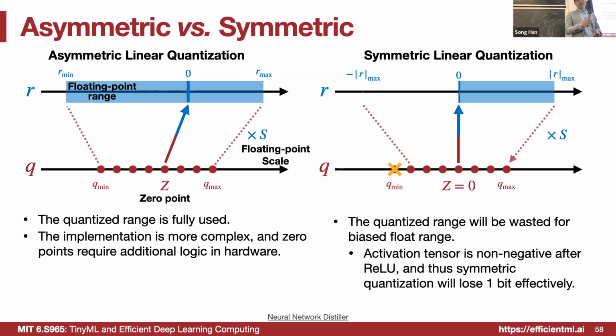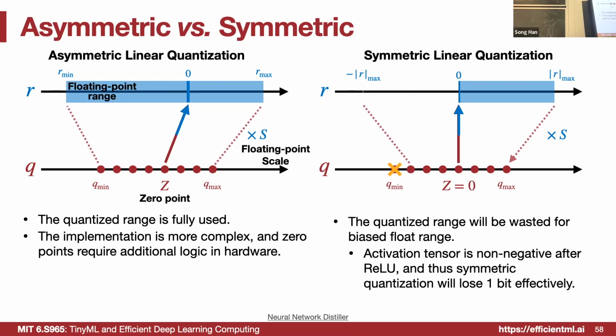Okay, and for symmetric representation, not all the weights are symmetric, and activation is not symmetric, especially when you have this ReLU activation function, right? When you're quantizing the activations, you assume 0 will be mapped to 0.